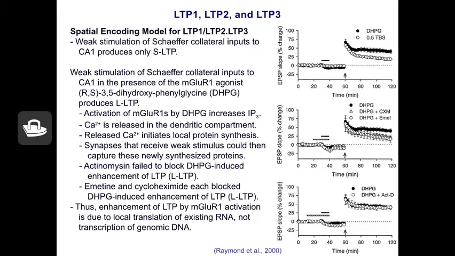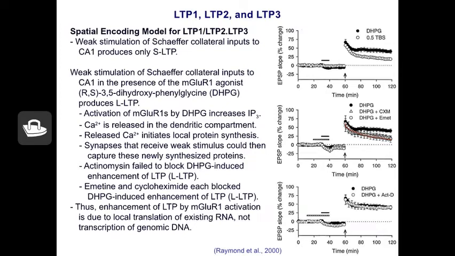Actinomycin wouldn't work because at the level of local protein synthesis, there's no transcription going on, and actinomycin blocks transcription. But the translation that's happening there would be blocked by emetine and cyclohexamide. So actually you can see in the middle graph that cyclohexamide and emetine, which is kind of in the foreground here, covering up the cyclohexamide effect, but they each blocked late LTP.